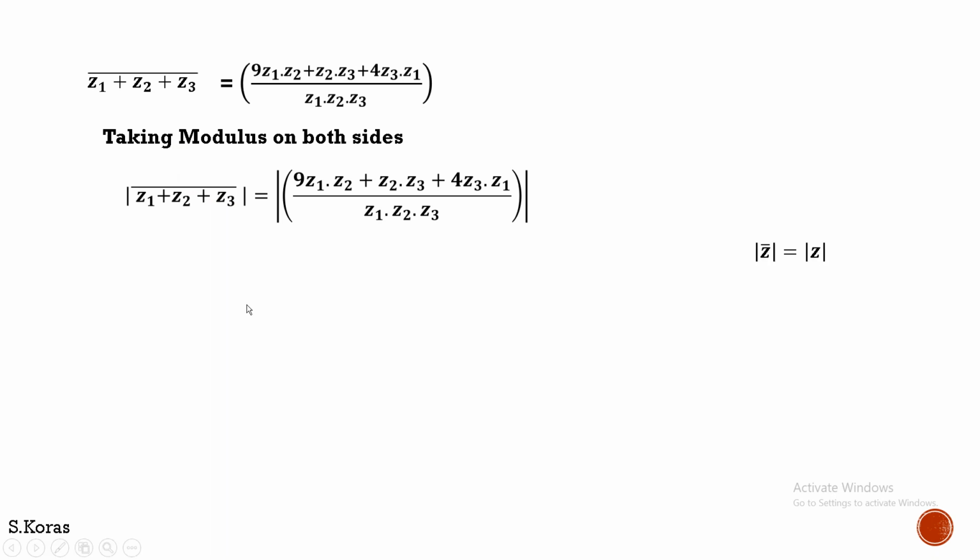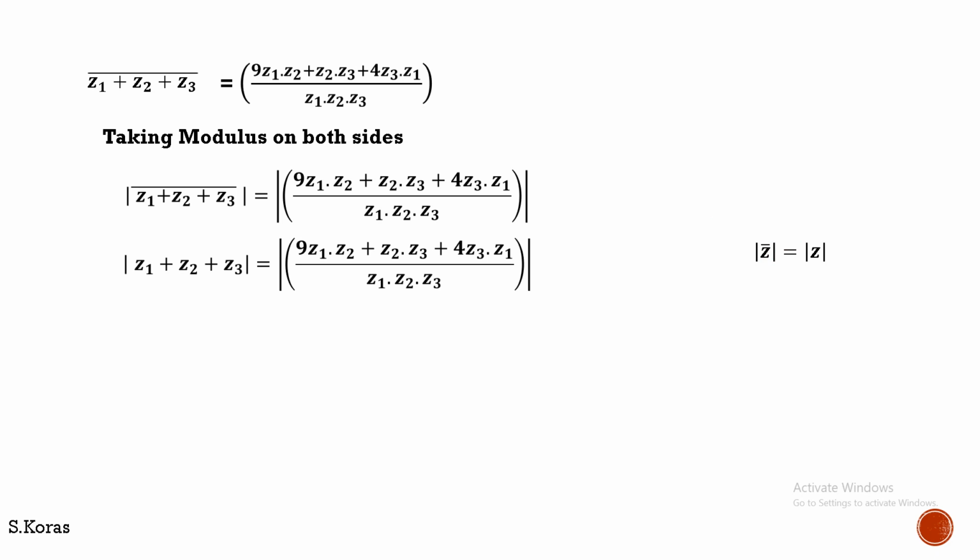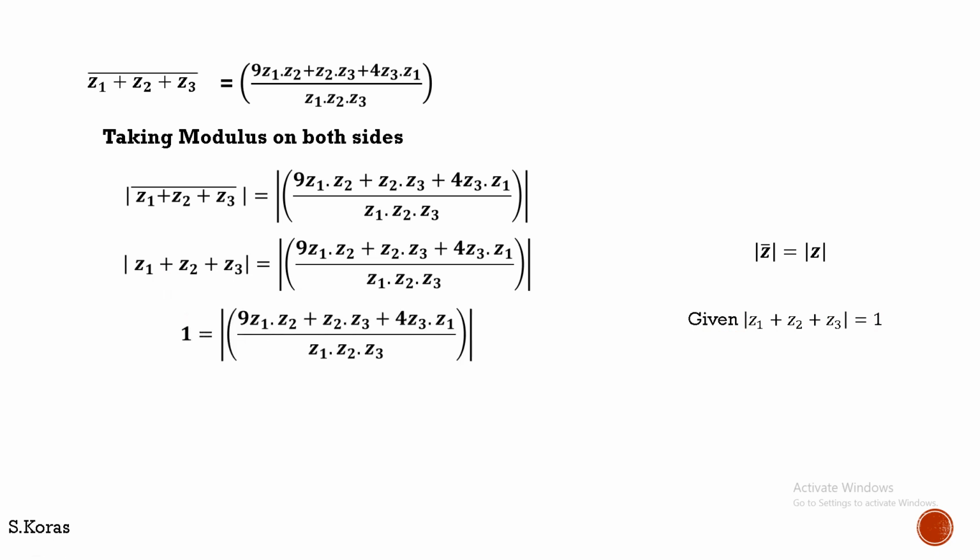So using this property, we'll get the answer as modulus of z1 plus z2 plus z3 is equal to the same right hand side. You know very well, it is given to us modulus of z1 plus z2 plus z3 is equal to 1. So if you substitute this value, it will become 1. So 1 is equal to the same thing on the right hand side.